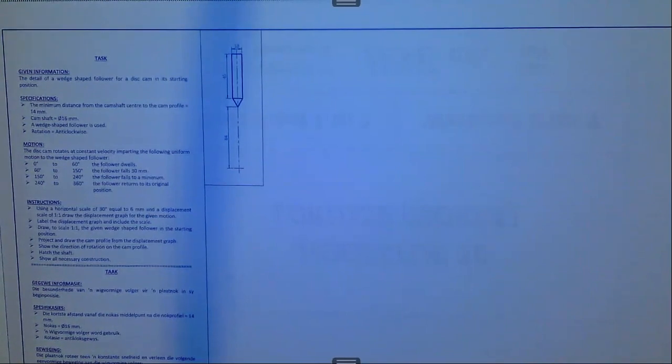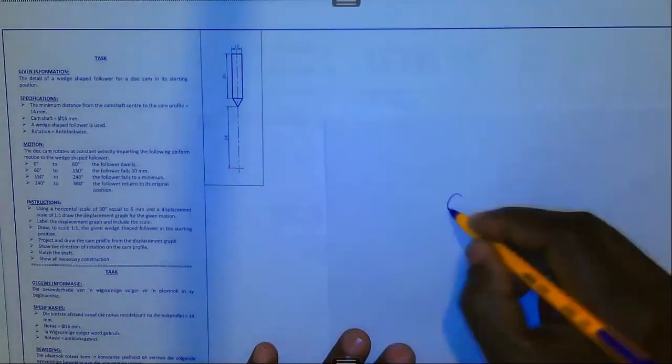Now, these are some of the terminologies that are used in terms of cams. When the follower is said to be dwelling, it is said to be stationary.